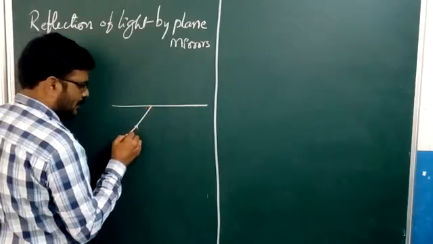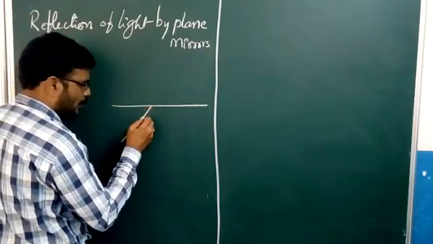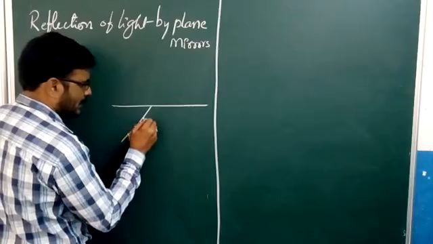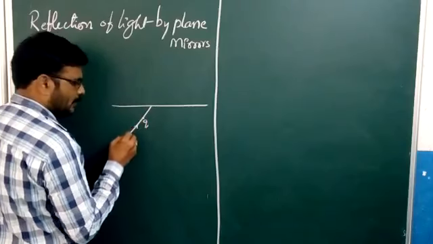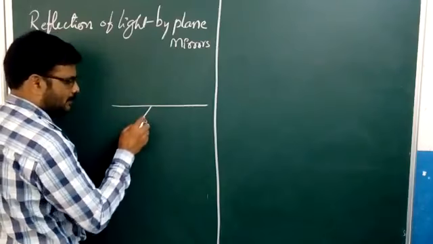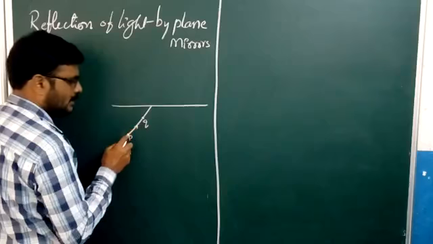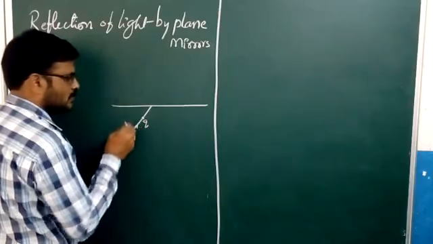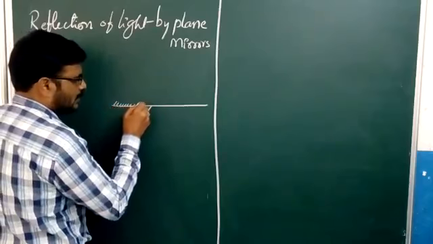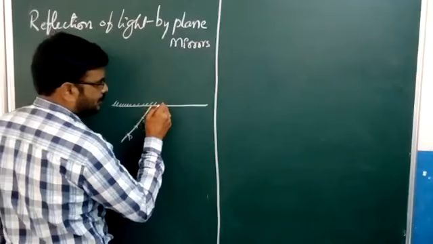Mark two points on this ray, P and Q, and insert two ball pins at these two points. Now you are placing your mirror at this position.